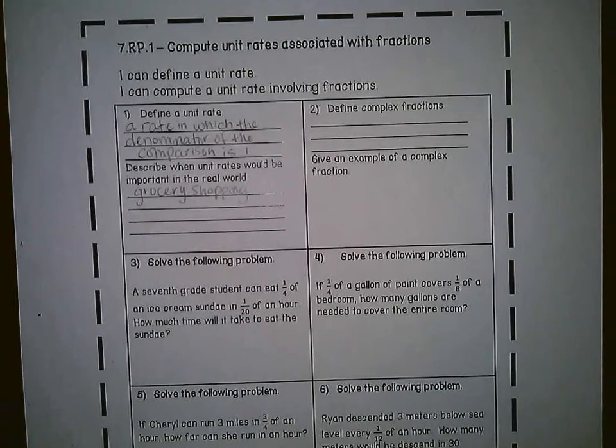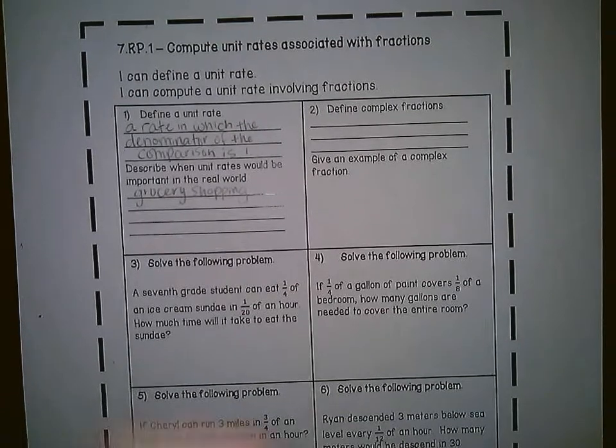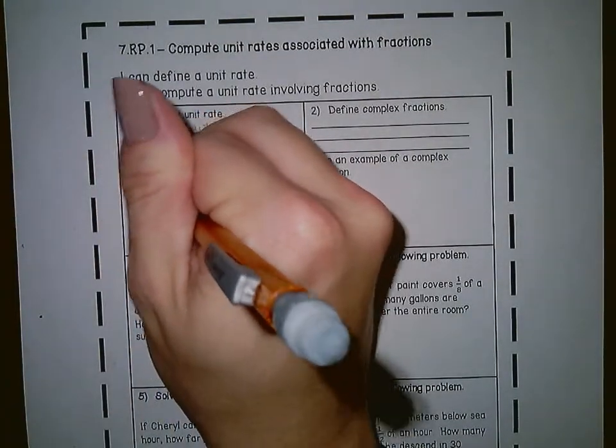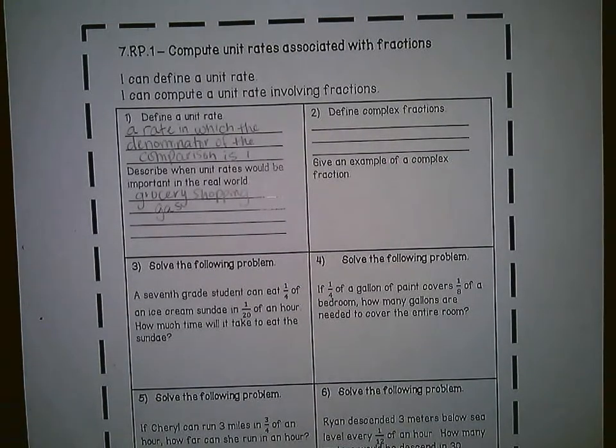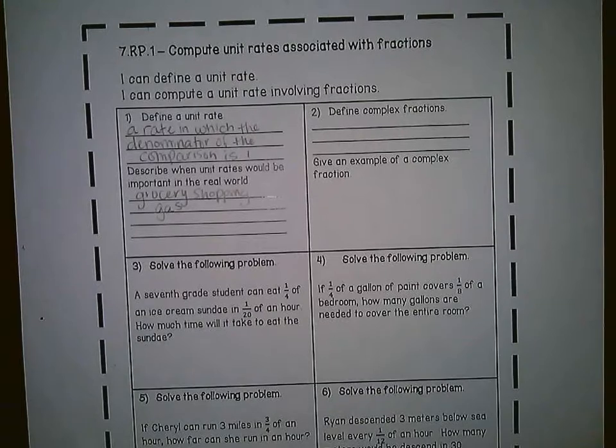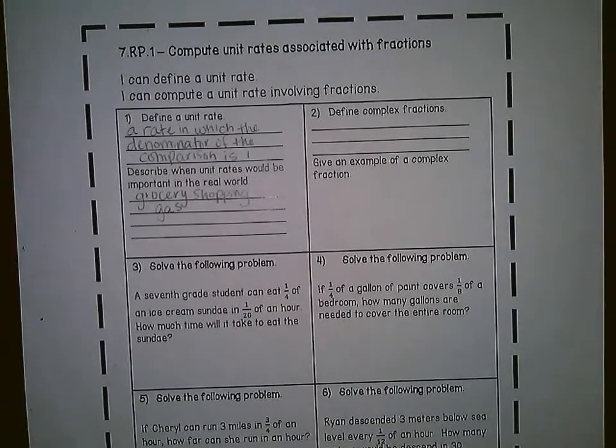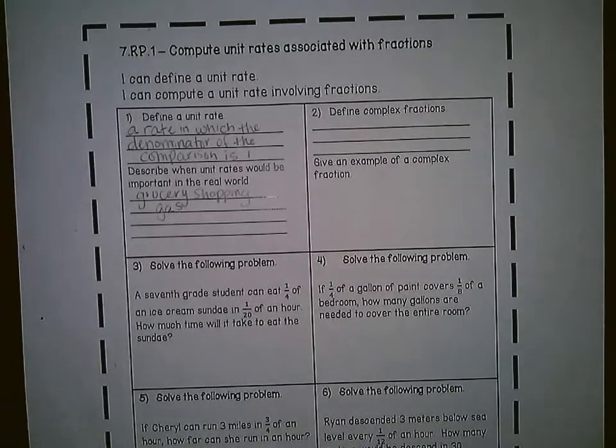Another example is gas. Most of the time when you go out with your parents in their cars and drive by a gas station, that is the cost per 1 gallon. So that's another example of a unit rate: the amount of dollars per 1 gallon.